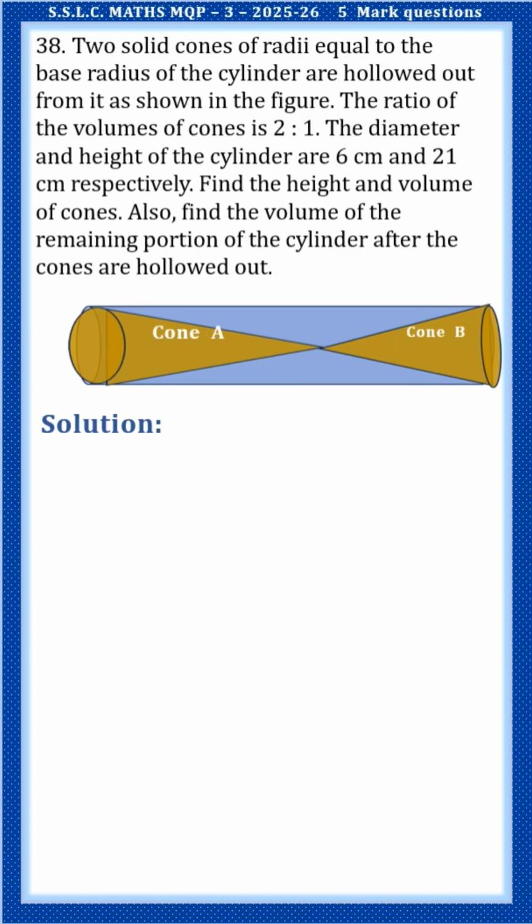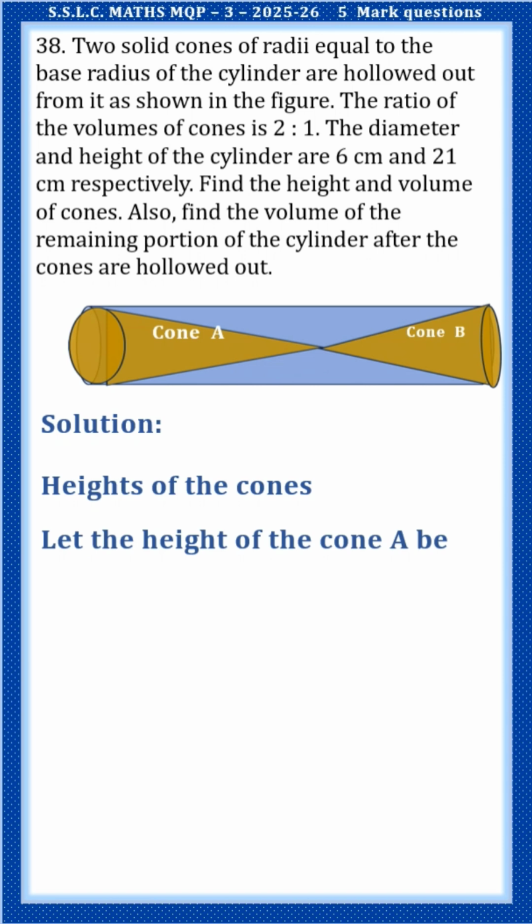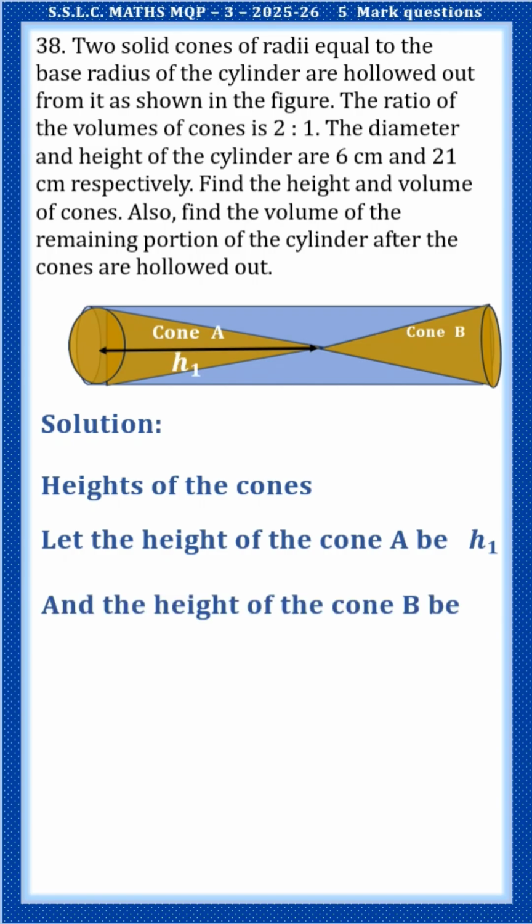Now let us solve it. Now let us find the heights of the cones, both cones A and B. Let the height of the cone A be h1. Look at the figure, h1. And the height of the cone B be h2. This height. Look at the figure.